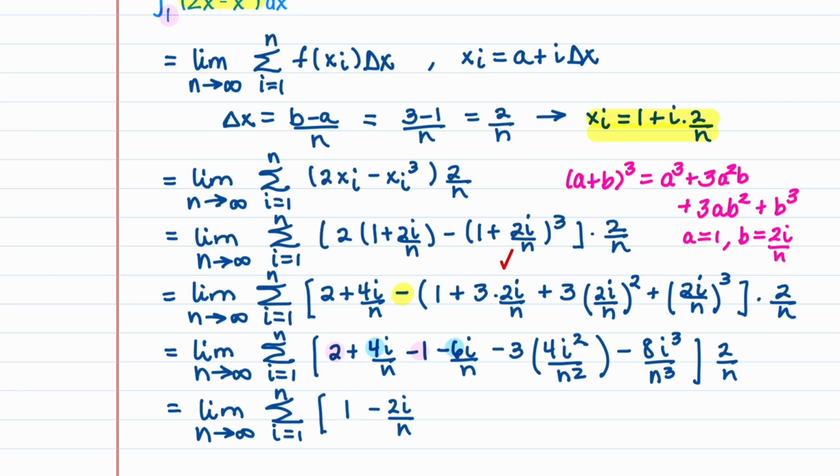Now let's look at our i squared terms. That is minus 12, so this is minus 12i squared over n squared. And then our last term is our i cubed term, and that's a minus 8. So we have minus 8i cubed over n cubed, times 2 over n.